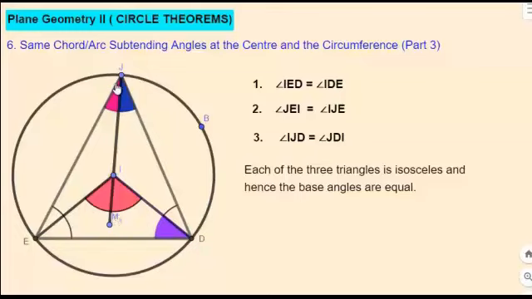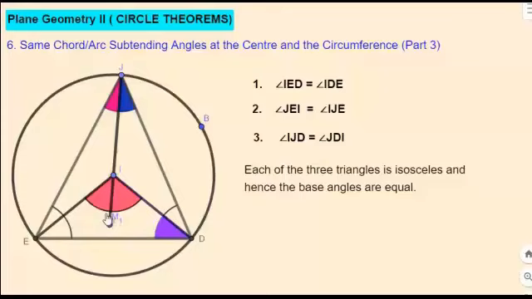Then it means when the line is drawn, one of the angles at the circumference would be 2 times the angle at the center at the same side of the line drawn, that is JM1.